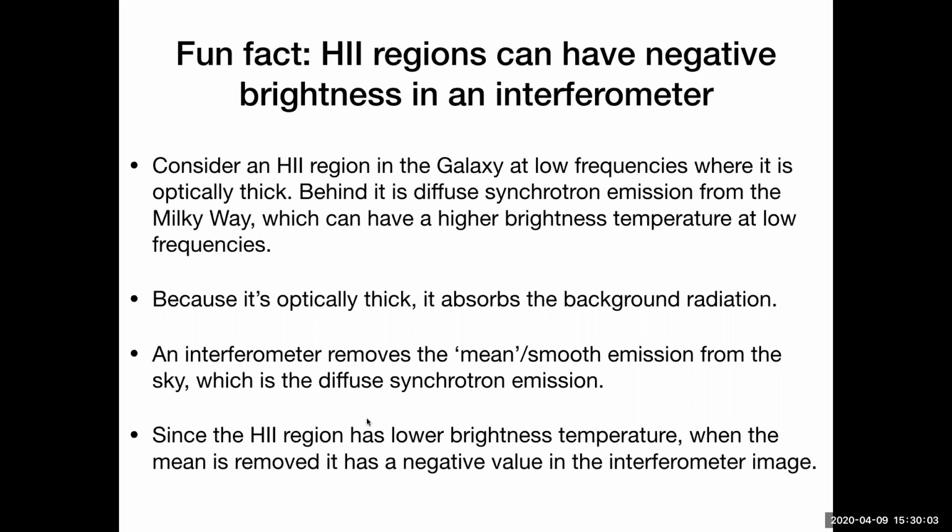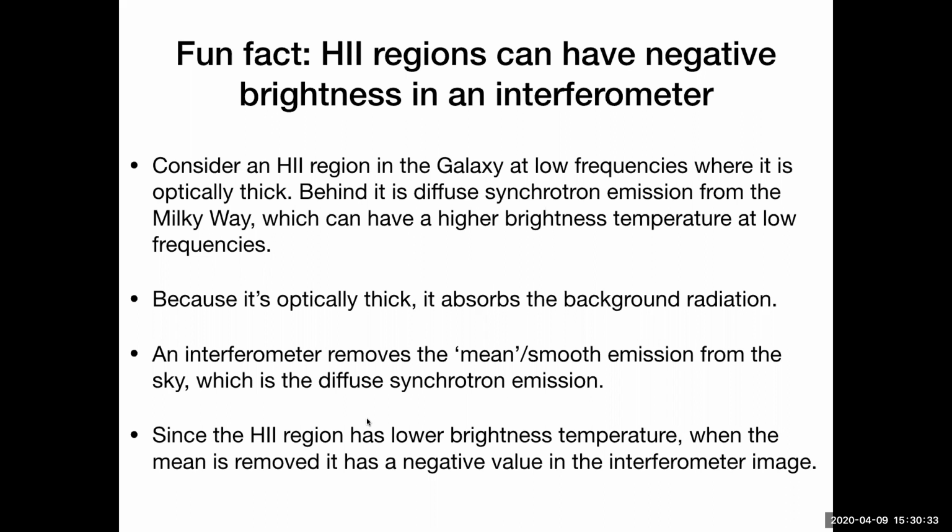And what you're seeing is only the surface of last scattering closest to you. So the HII region will effectively absorb the synchrotron radiation from behind it, and what you're seeing is only the brightness of the HII region, which is dimmer than the surrounding regions of sky where you only see synchrotron radiation. So take this and now observe it with an interferometer.